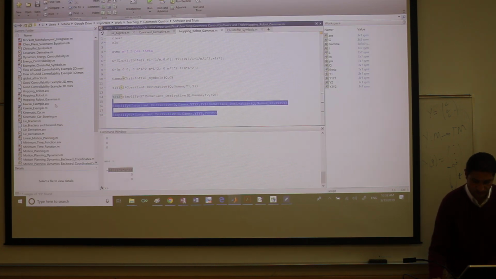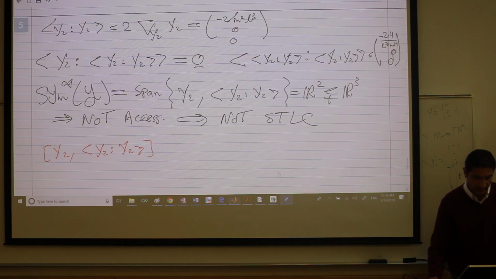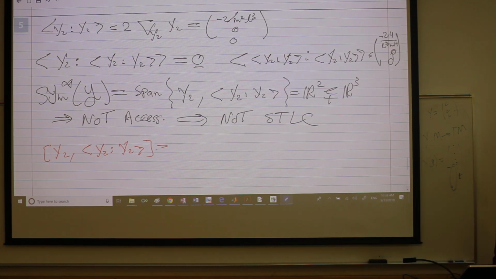So these are just zeros, I don't need anything. Here I'll do the Lie bracket, this is again another thing. You give it q, and you give it the two vectors, y2 and y2, y2. So we got this vector, m cubed Ls in the second direction.